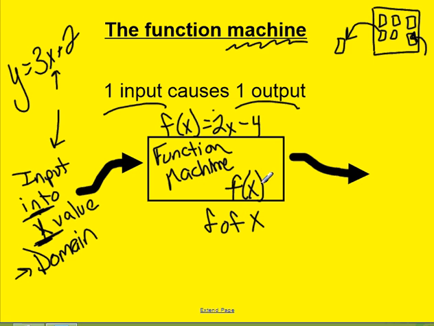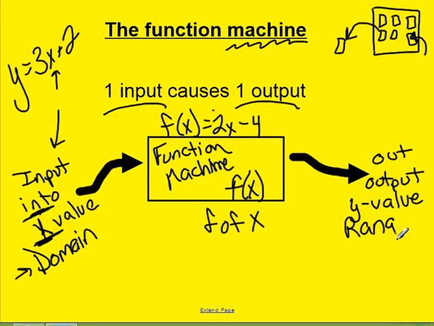So then what comes out of the function machine, what the output is, is the y value, the y value of my function. It is the range of the function, and it's what happens after you put this rule, whatever your function machine rule is, into the machine.